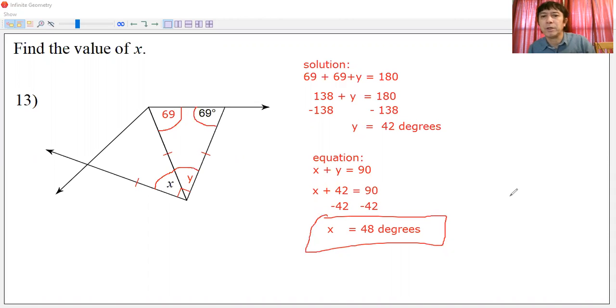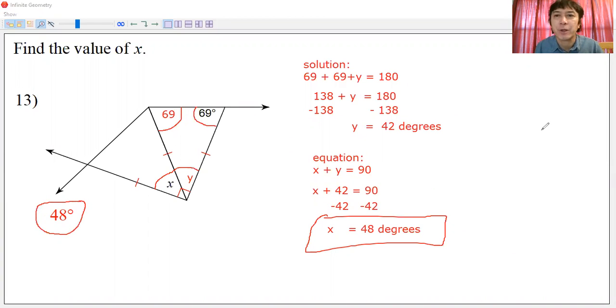That should be 48 degrees. And we shall verify the answer. 48? Yes, so it's 48 degrees. Over here below the diagram, you can check and verify.